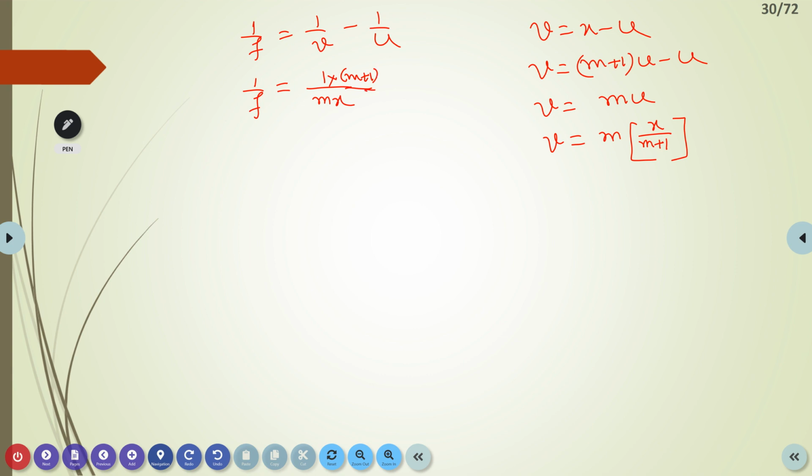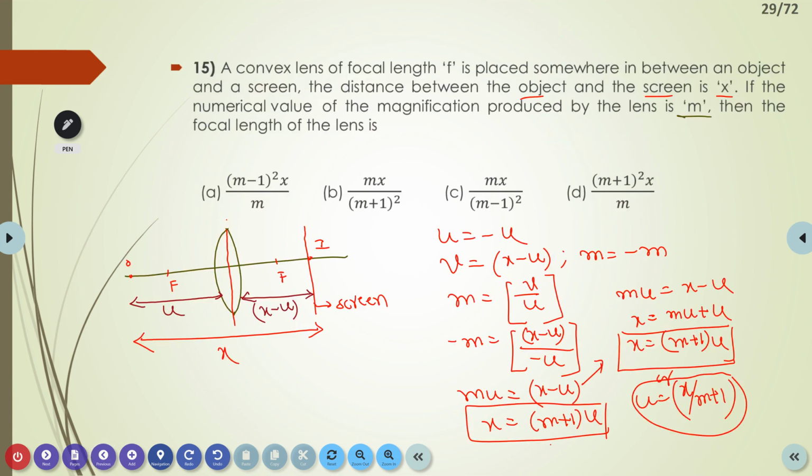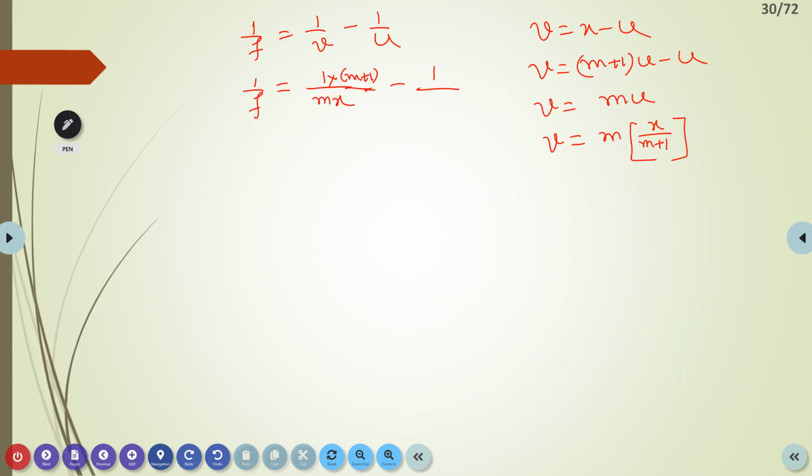Okay. This is 1 by V. Minus U value, substitute. What is the U value here? U value is this one, X divided by M plus 1. That means it's minus sign. That is X minus X divided by M plus 1.